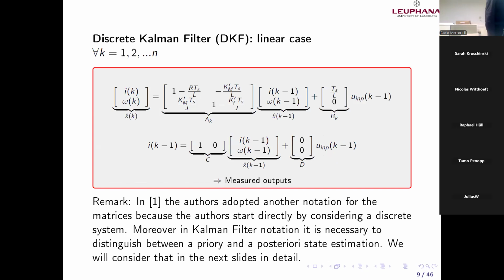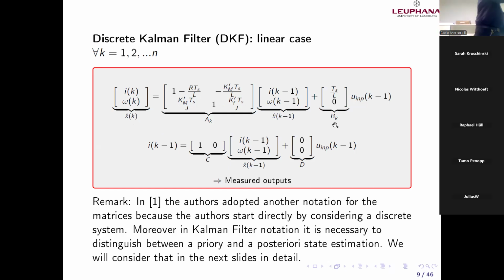Remember last week? Yes, it's my stupid motor. At the end I have an expression which can be read x hat, because it's the model, if you don't like x, of k equals A_k multiplied by x of k minus 1 plus B_k.